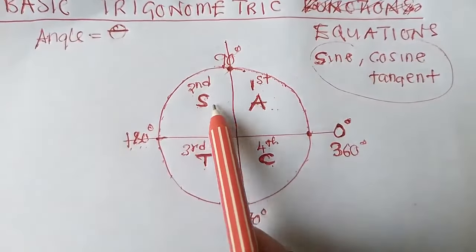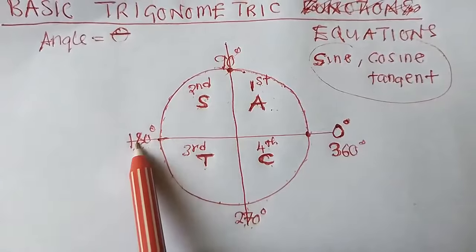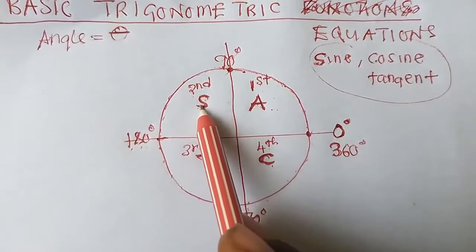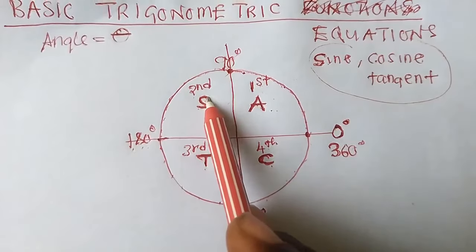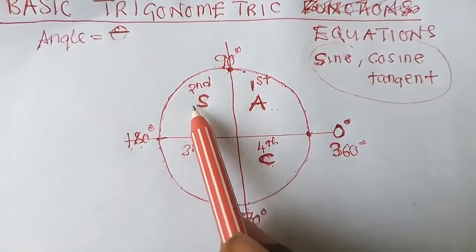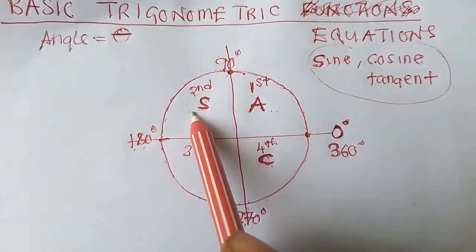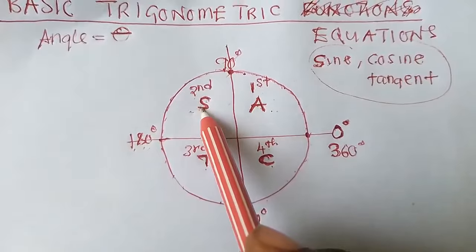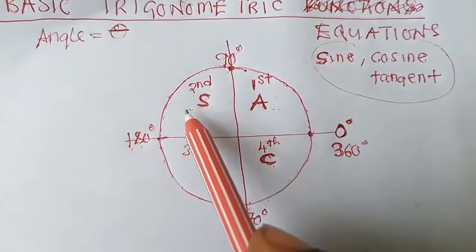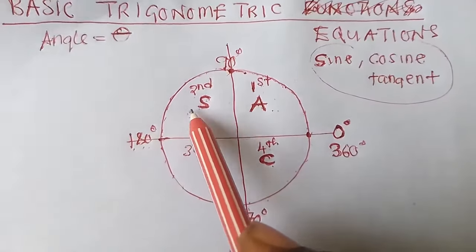When I move to the second quadrant, between 90 degrees and 180, there is S here, which is sine. So only sine is positive, but the cosine and the tangent are negative in here.